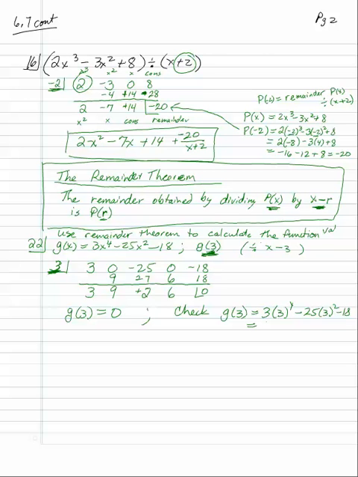So that's 81 times 3, which is 243, and 25 times 9, which is 225, and I hope that's 0. Yeah, it is.